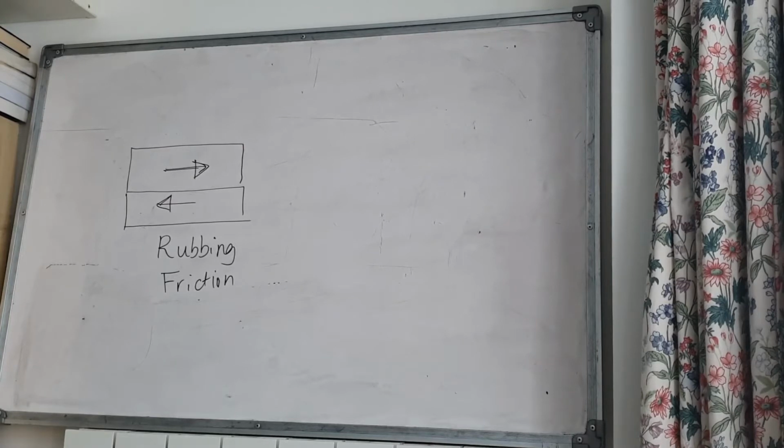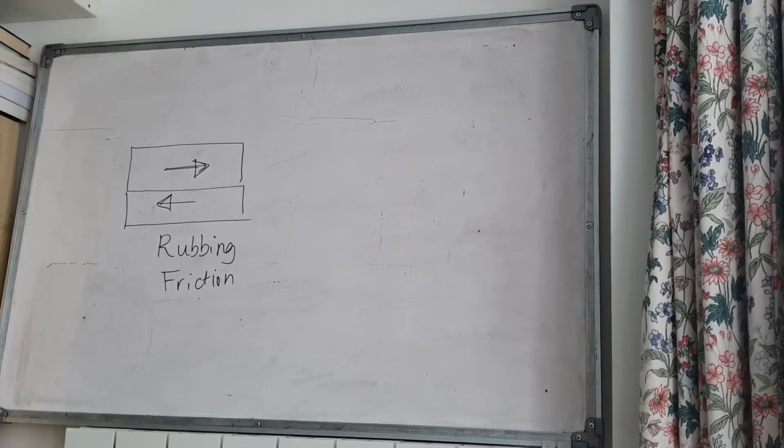So here you've got two objects rubbing together in opposite directions, and friction is the opposing force of motion. So whenever you have opposing forces, there is a frictional force.